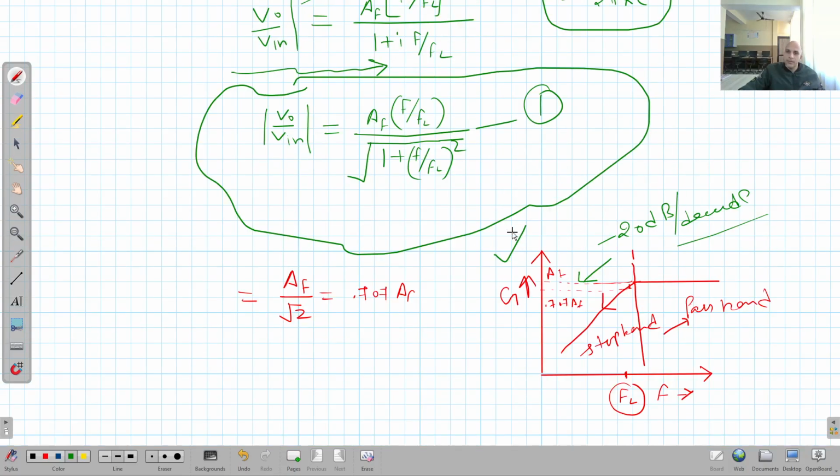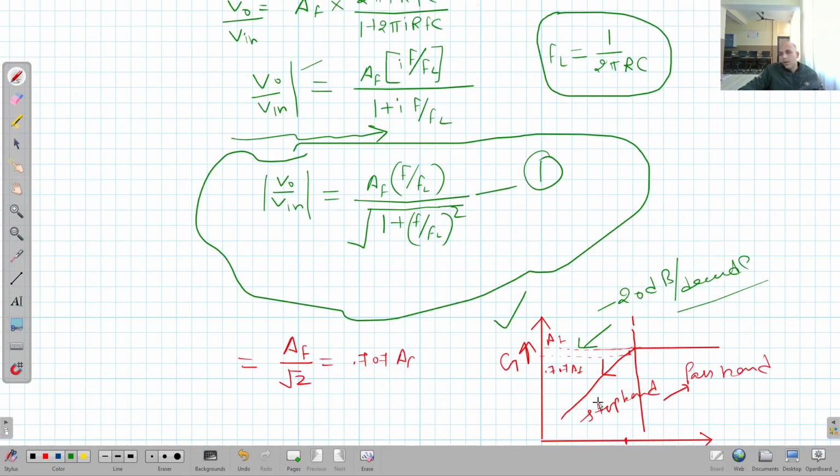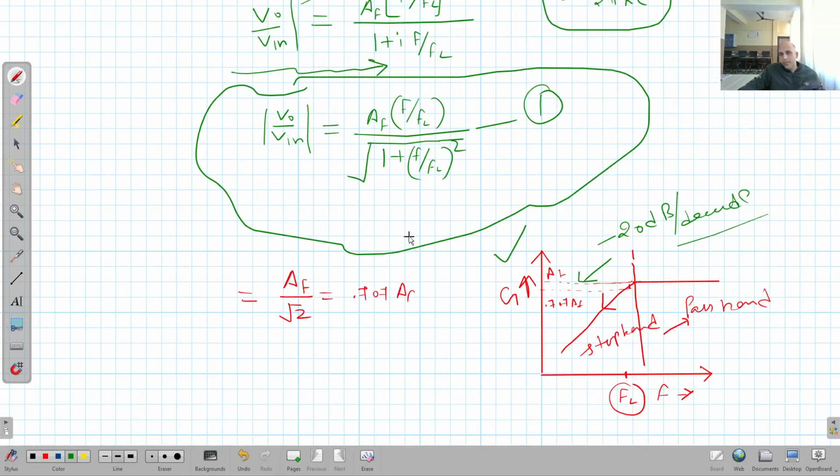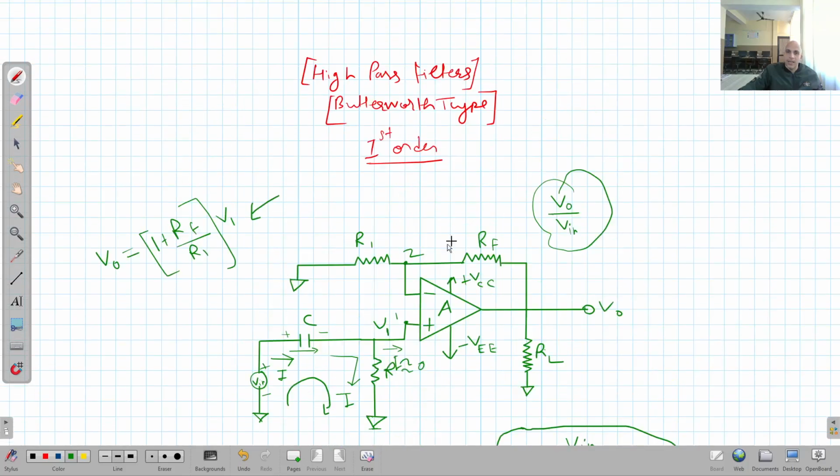Now you can check all these graphs by plotting them on LT-Spice simulator, a circuit simulator. You can design this circuit on the LT-Spice. LT-Spice is basically a circuit simulator.